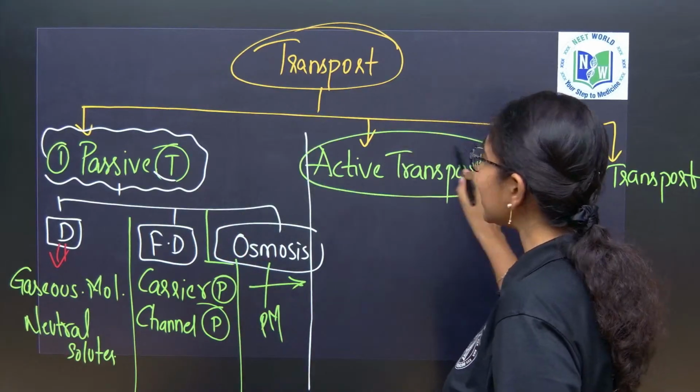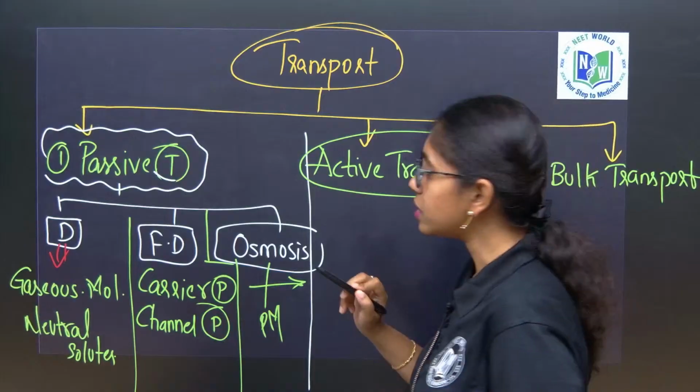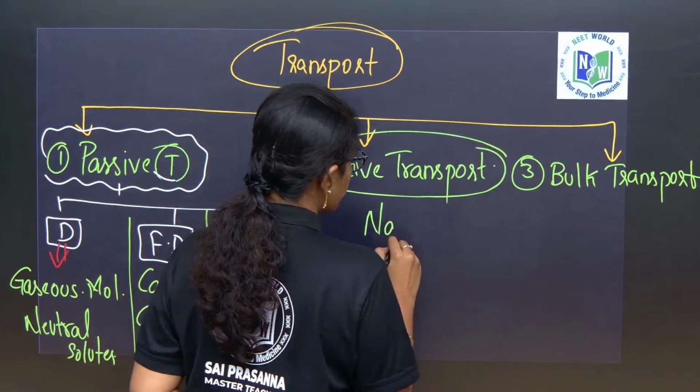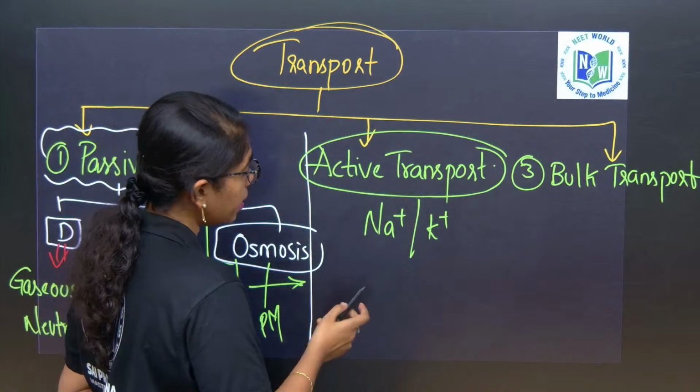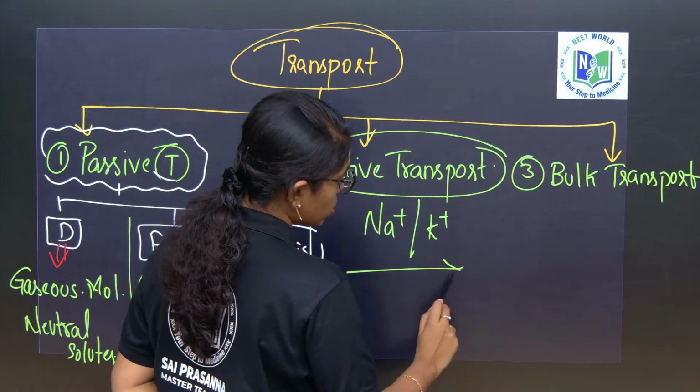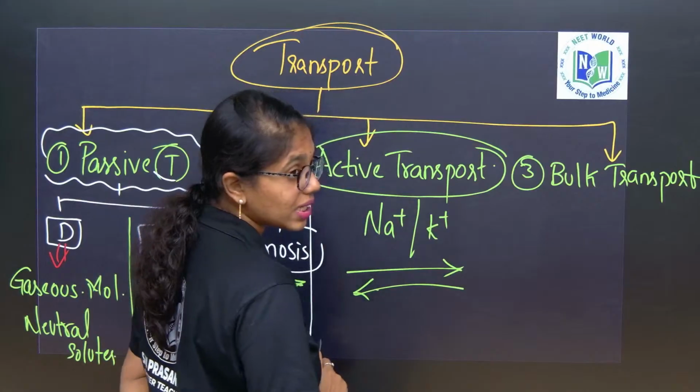Active transport is specially for ion channels like sodium potassium pumps, wherein sodium is moving out of the cell and potassium towards the inner side.